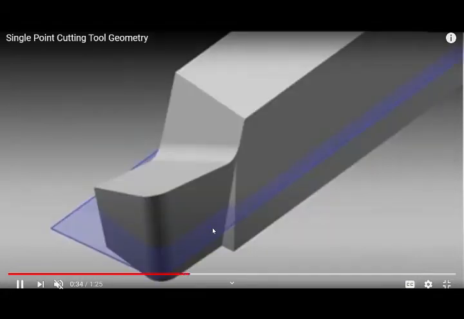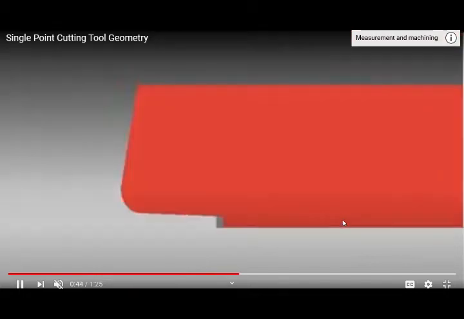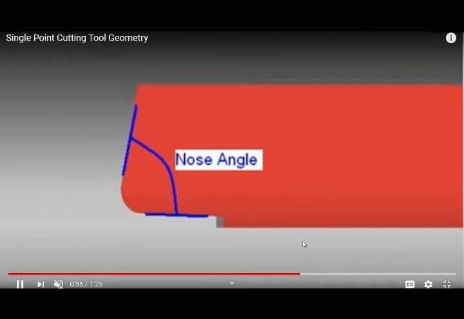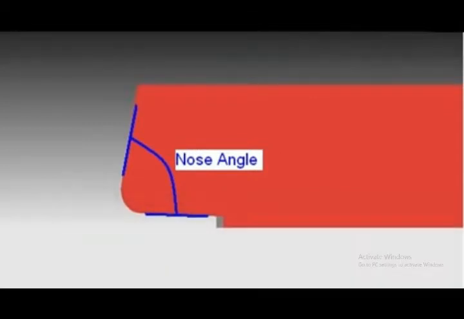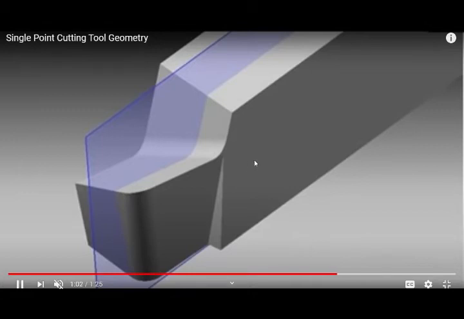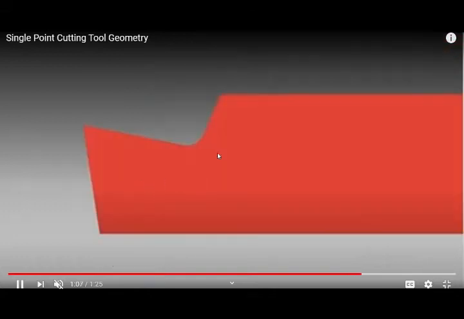And next, the top face, front view shows the end cutting edge angle, nose radius, this is the side cutting edge angle, and next front view. This is the front view 2D, and here 2D explains in this way.